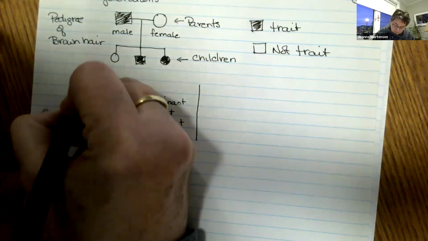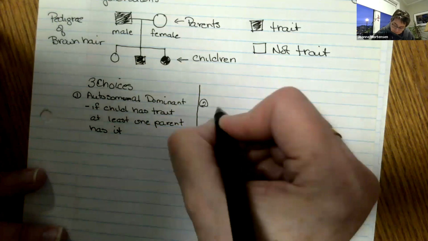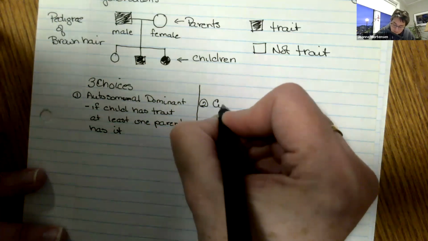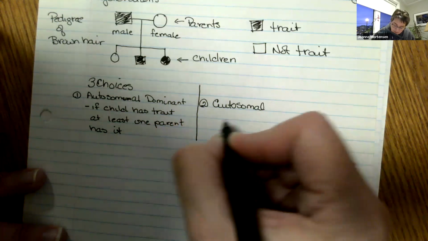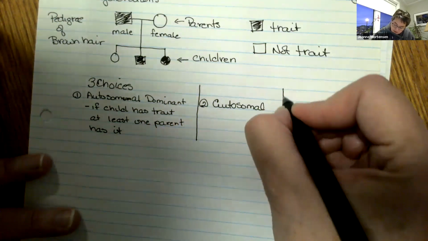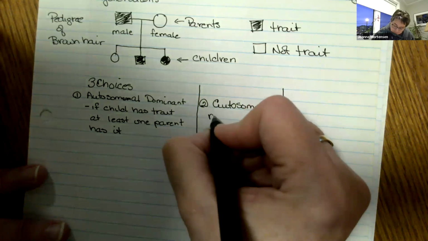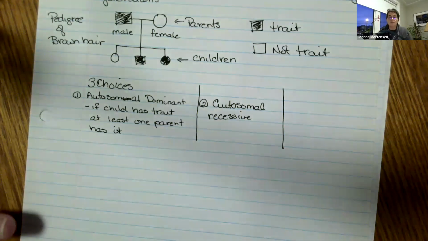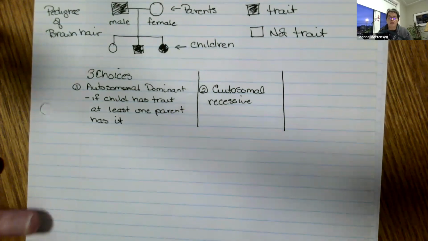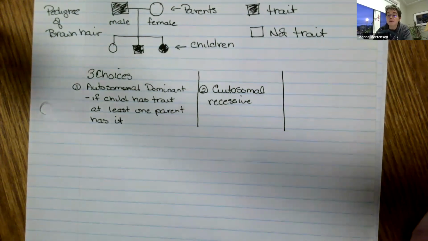So this is number one. Number two, let's go autosomal recessive. I'm going to try and squish all of these on the same line. And you know from before, autosomal recessive means you need 2 copies of the gene for it to show up.